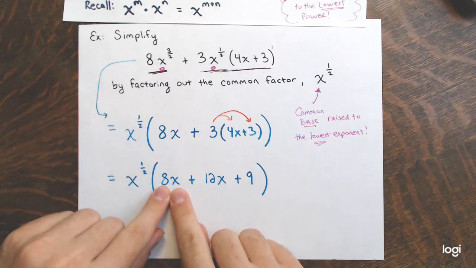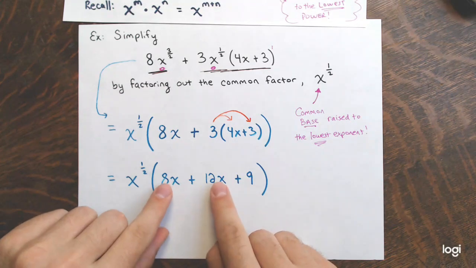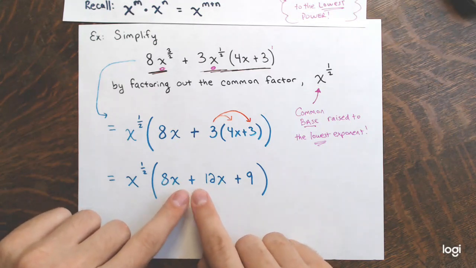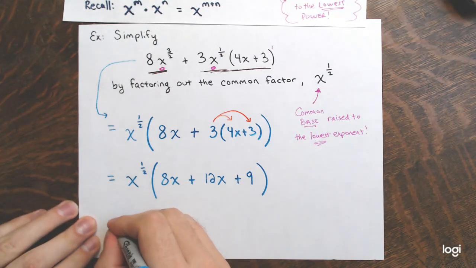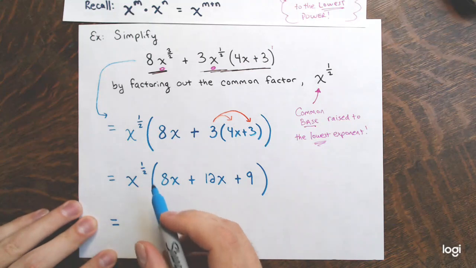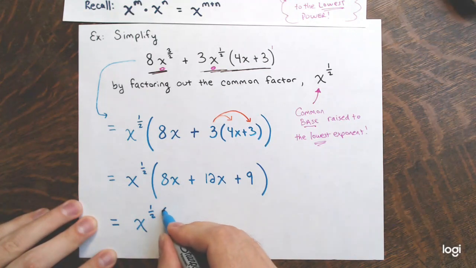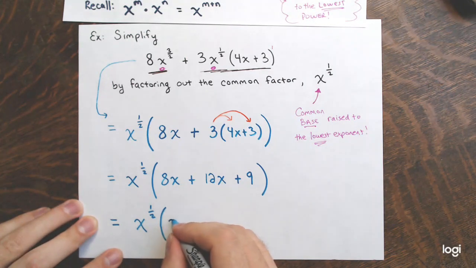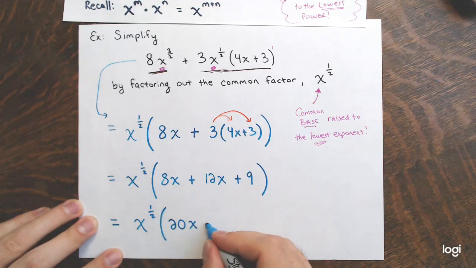There's 8x plus a 12x. Both of these have x to the first power attached. So I can combine them. What's 8 apples plus 12 apples? It's 20 apples. So this is 20x when it's all said and done. So again, this is equal to x to the half that got pulled out earlier times 8x plus 12x, 20x, and then the plus 9 doesn't go with anything.